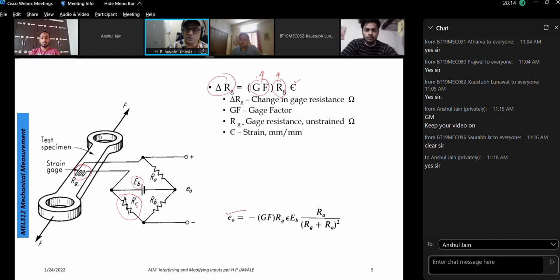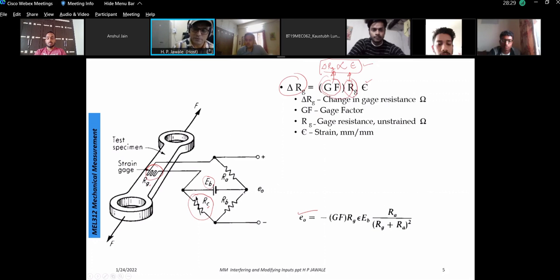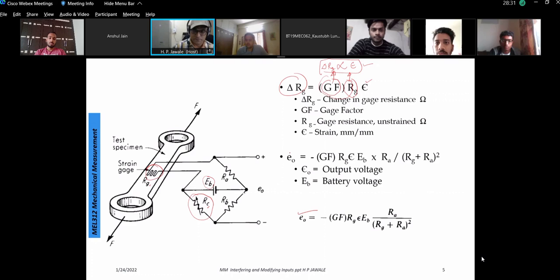So we can find that the change in the resistance RG will be more or less proportional to the strain. That is what is ideally required to be measured, right? But due to certain elements here, the output voltage will be given by this equation.